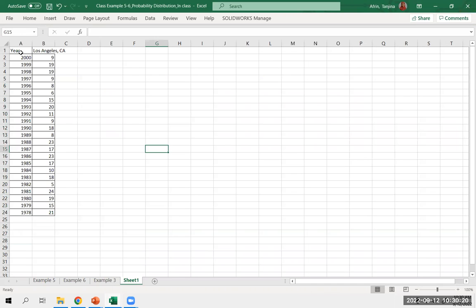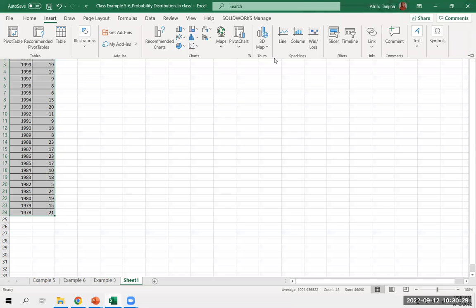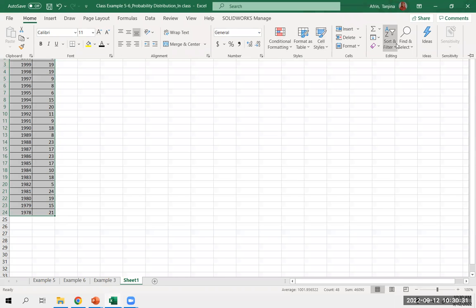Now I want to rearrange these from highest to lowest. So I will select that, go to Home, here, Sort and Filter. Just select the data set, go to Sort and Filter.